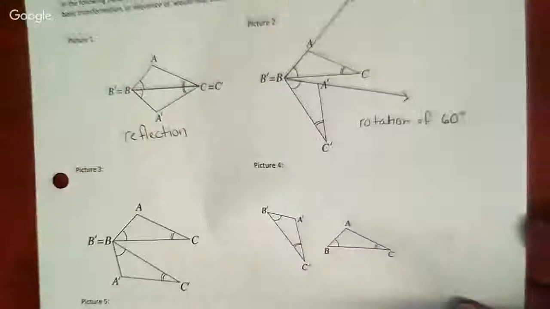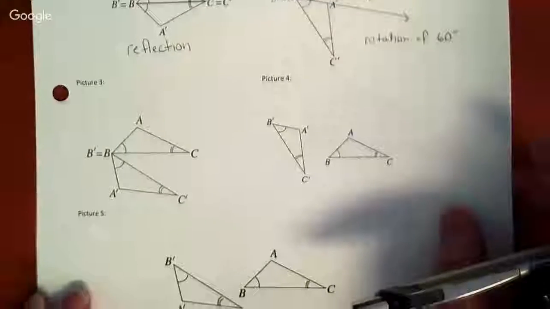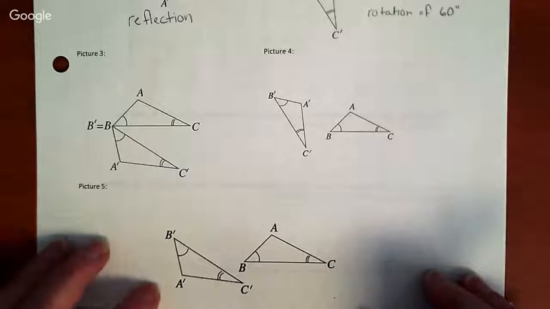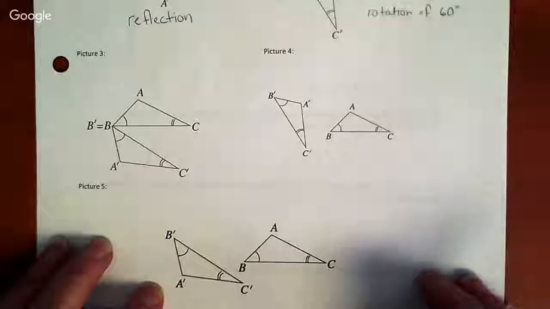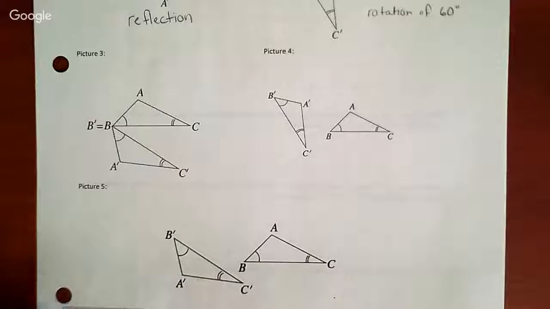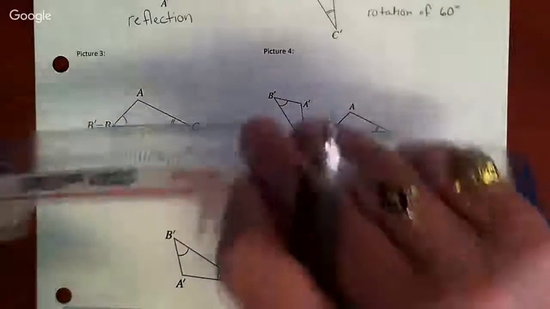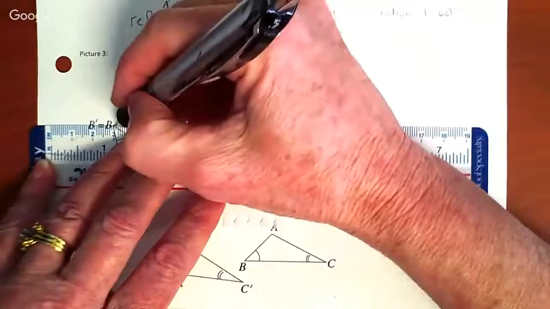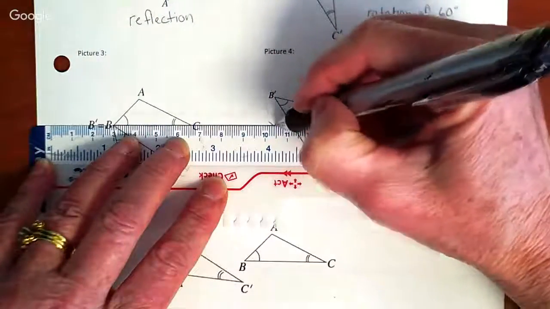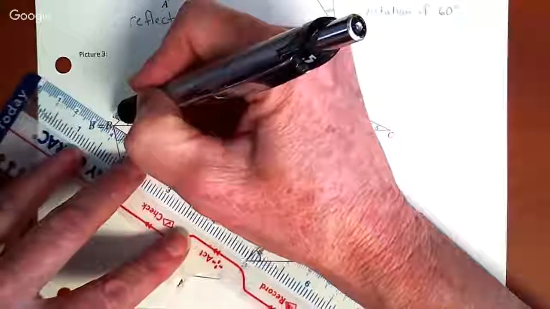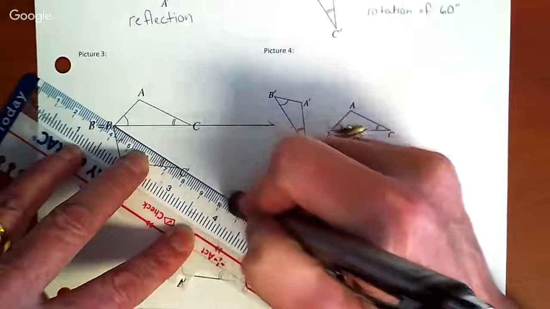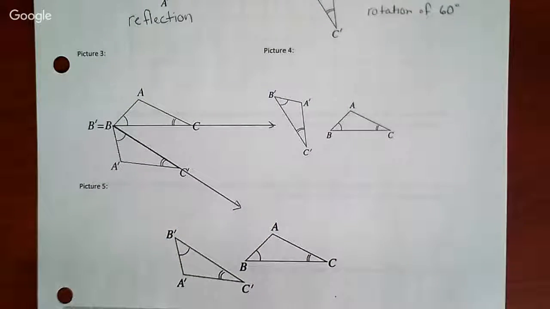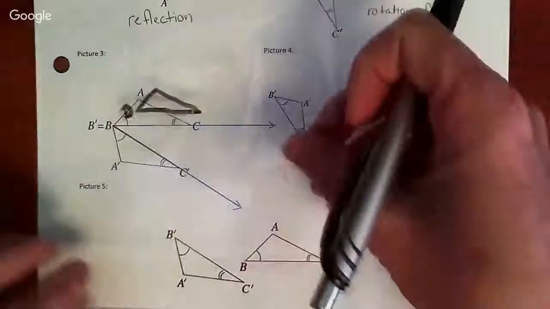Now these others, we're going to be doing the same thing here. Let me move this so I can get to it when I need it. The next two are the same thing. If I draw a line for this right here with my ruler, I'm going to draw a line here and here.